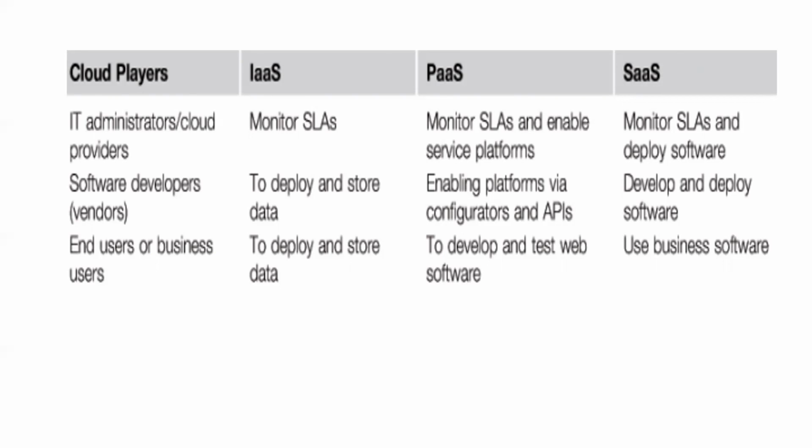And the software developers develop and deploy software in software as a service. Then the end users deploy and store data in IaaS, they develop and test web software in PaaS, and they use business software in SaaS.